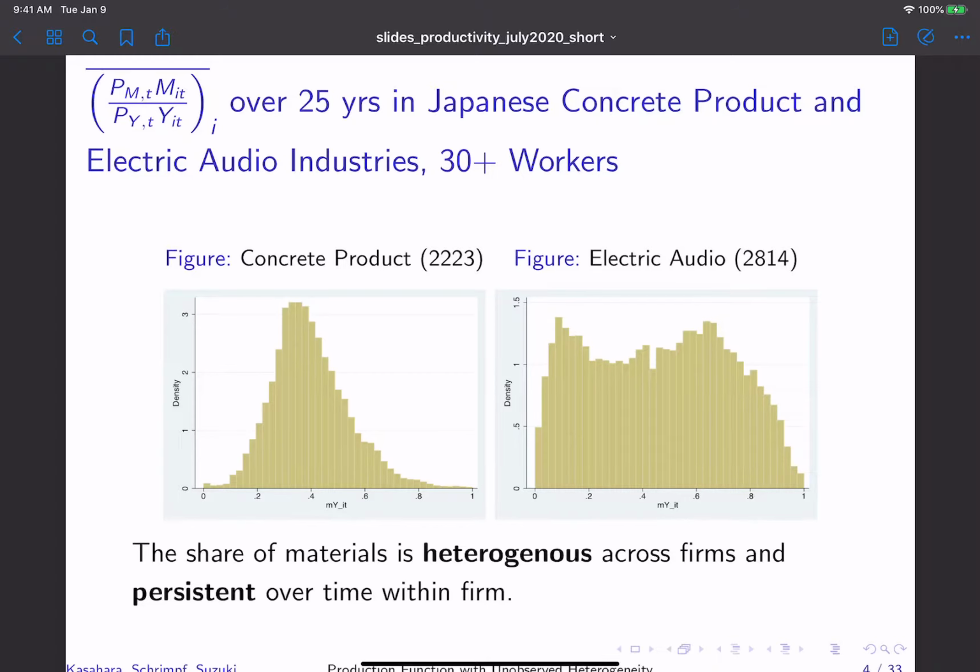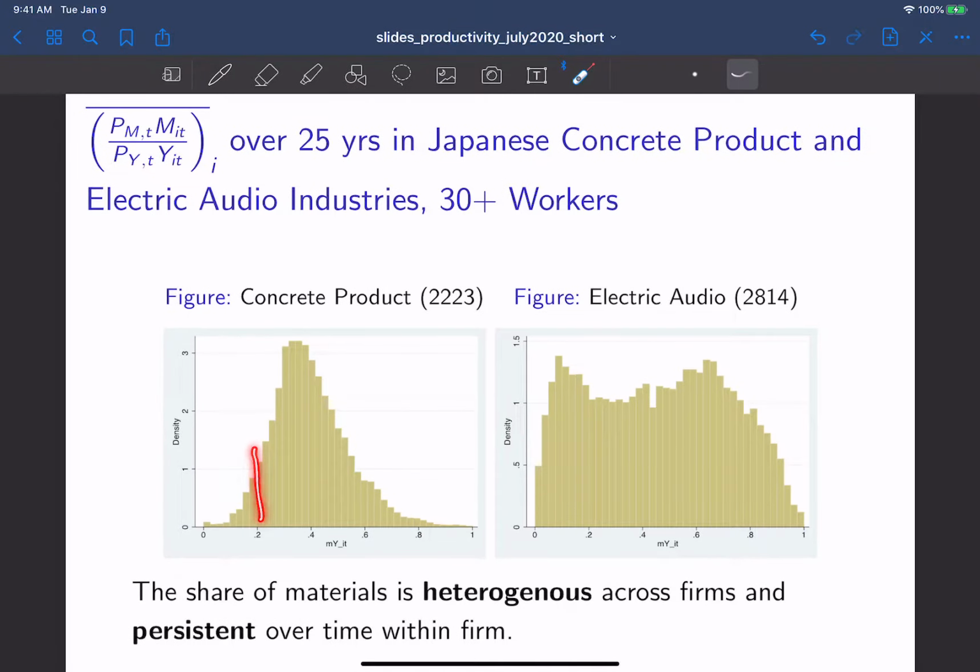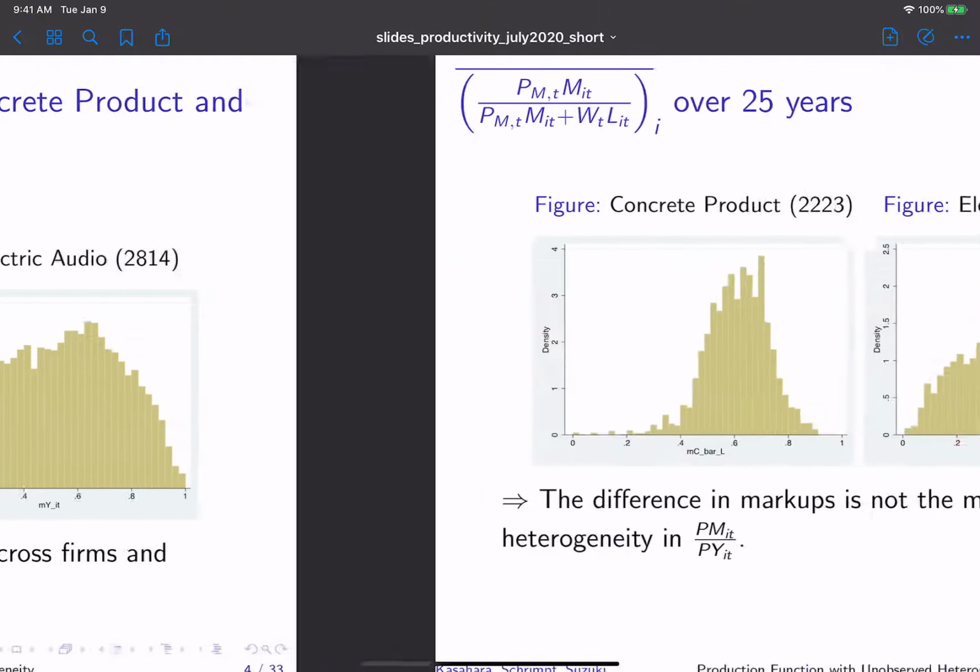So this long-term average of the material share at the firm-level empirical distribution shows the heterogeneity is really large, larger than what I thought before I saw the data. Even for concrete products, if you look at the 10th percentile and 90th percentile, you still see a lot of differences. So even in one of the most homogeneous products, you see the material share being different.